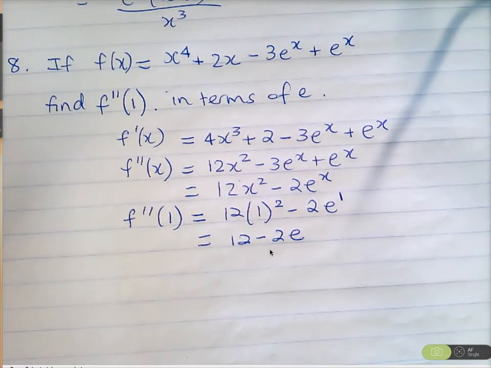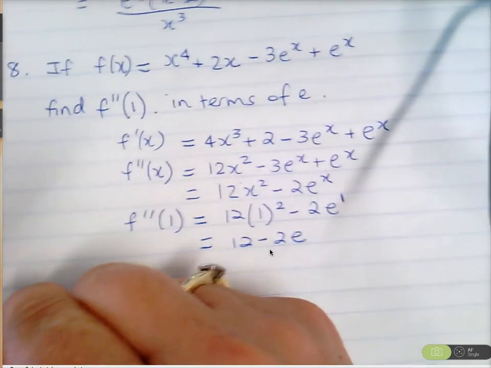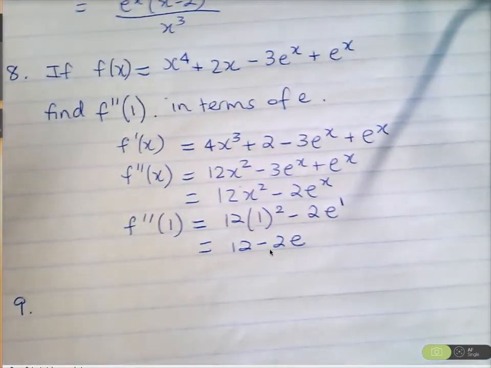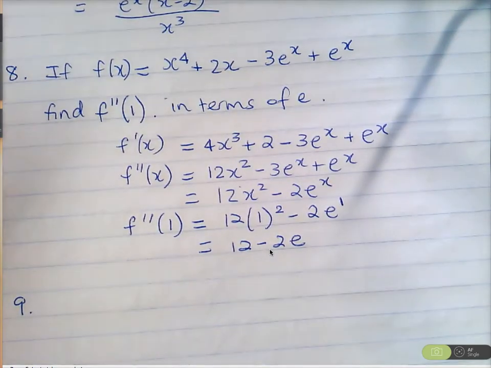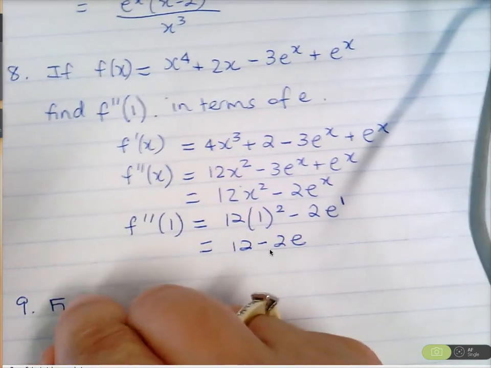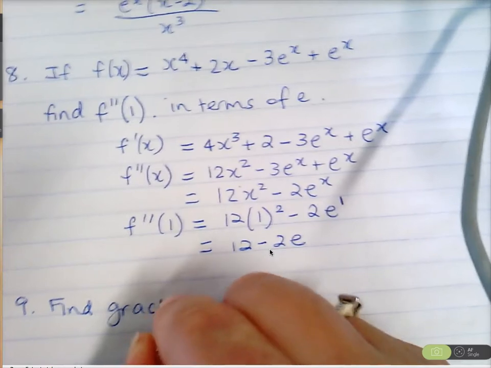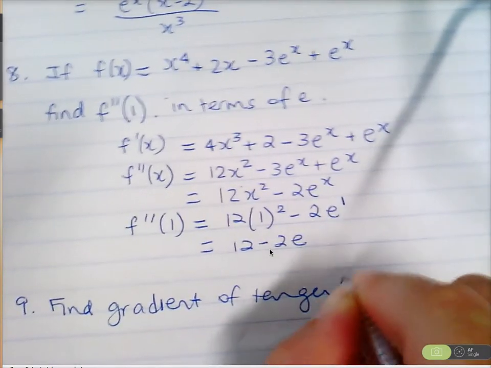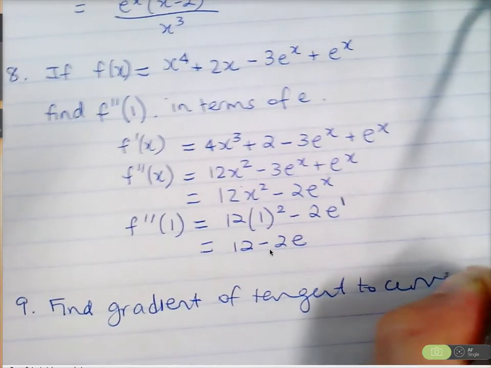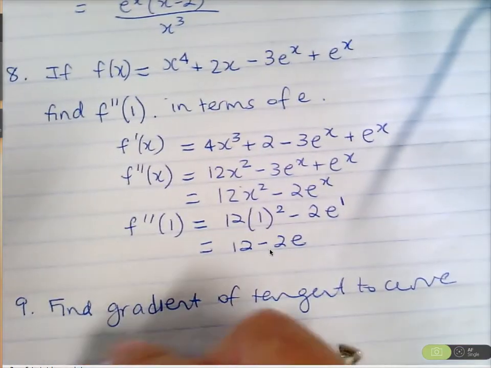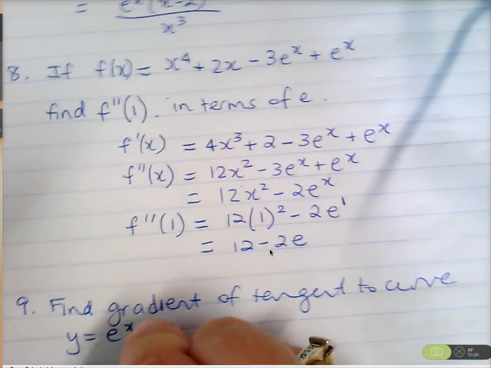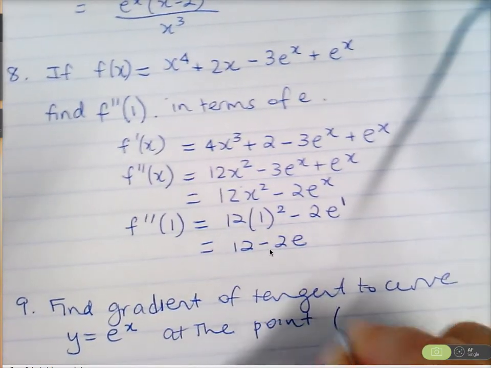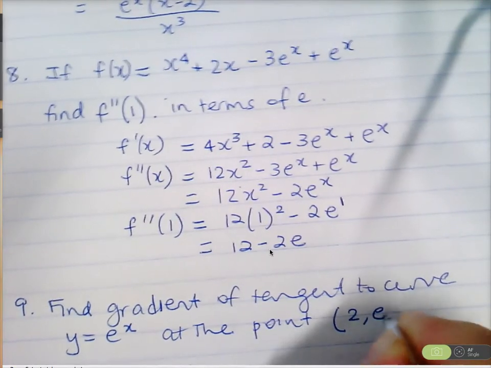Okay, why don't we find, here question 9, let me see. All right, find the gradient of the tangent to the curve y equals e to the x at the point 2.